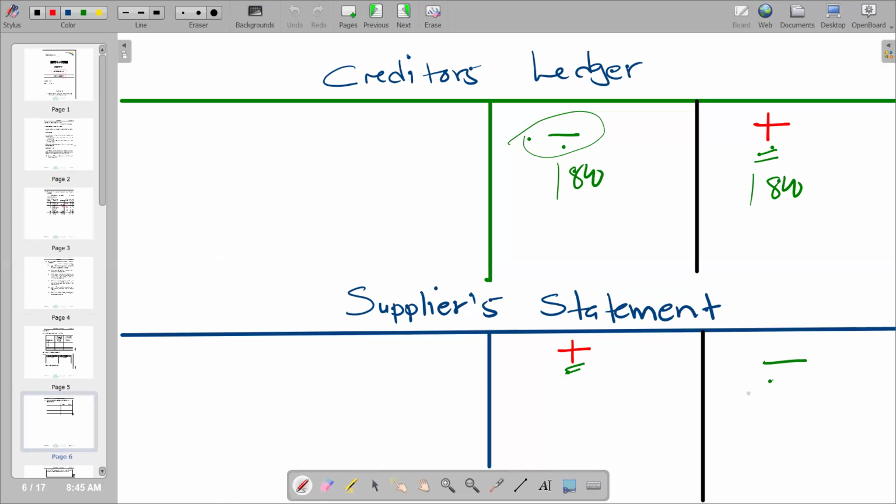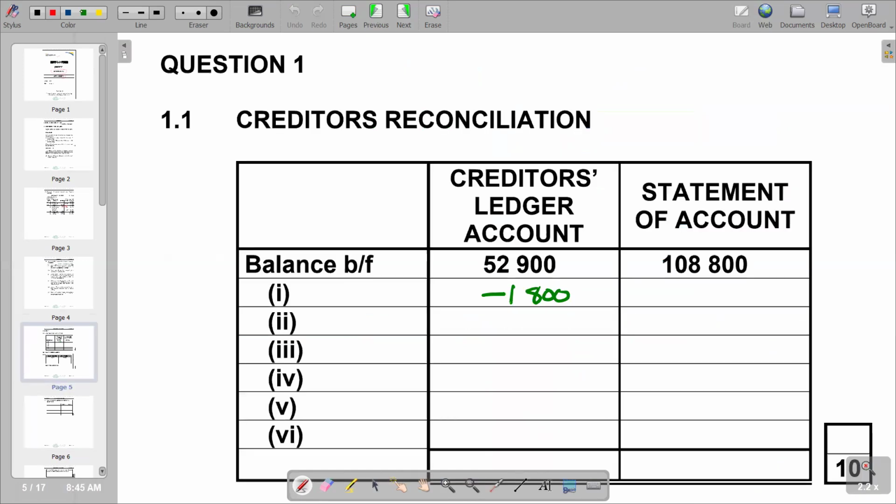We enter 800 twice on the credit side, which gives us a total of 1,600. So it's going to be a minus 1,600. That's how we are going to enter it in our reconciliation. So this is item 2, and we are saying minus 1,600.